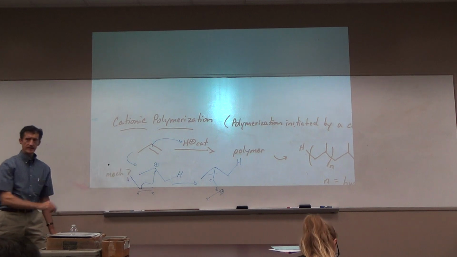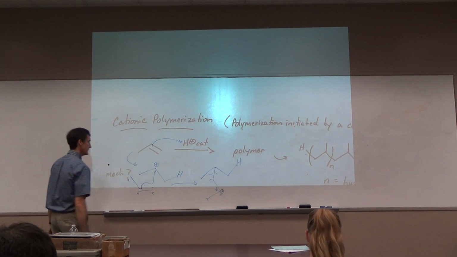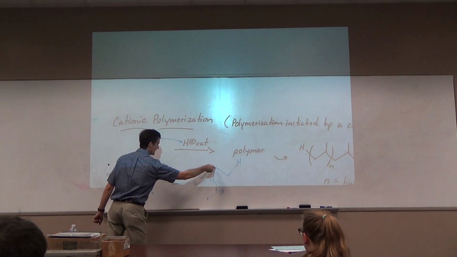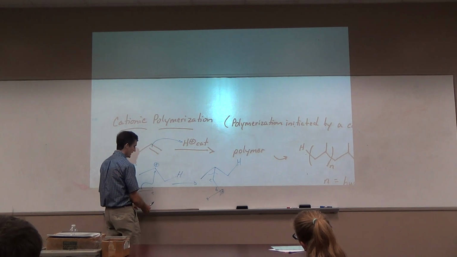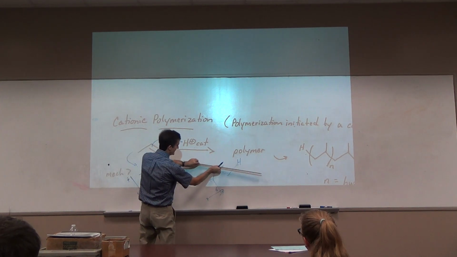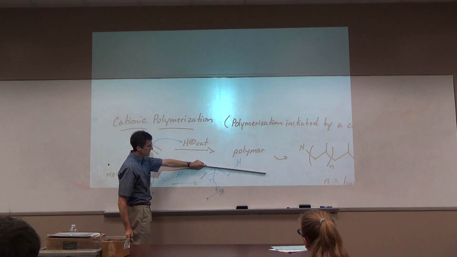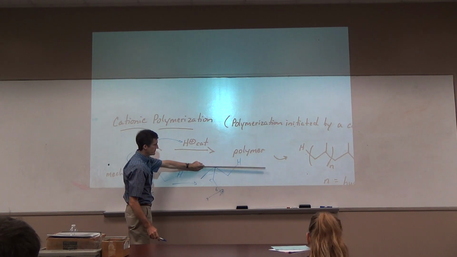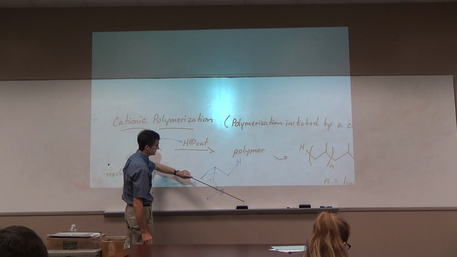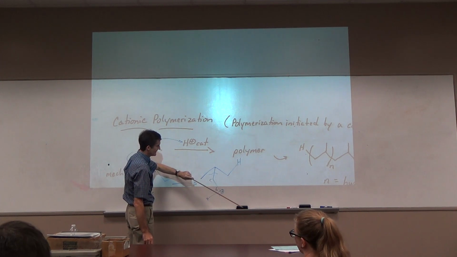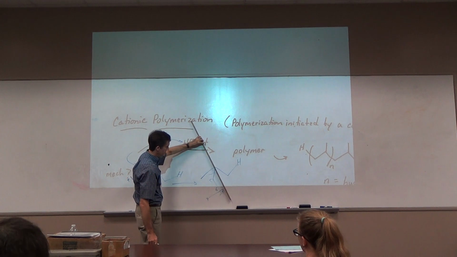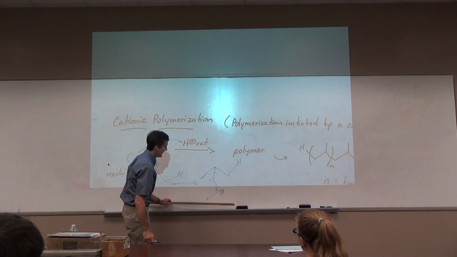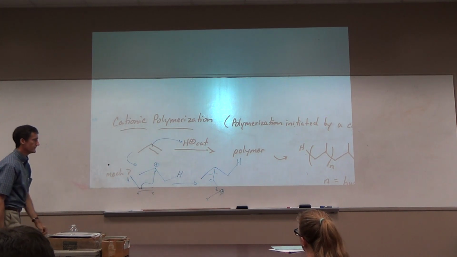Let's just clean it up at the end. This is a very bad bond angle here. Typically, whenever you draw four bonds, if you draw yourself a line here, you're going to have two bonds below and two bonds above. I've got three below. That doesn't really work. Trust me, it's ugly.